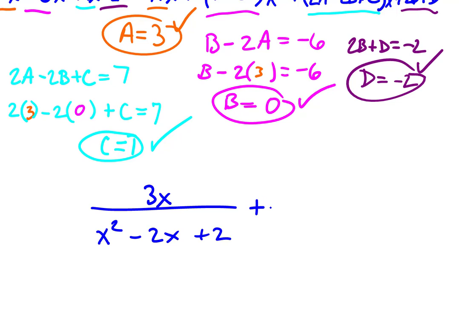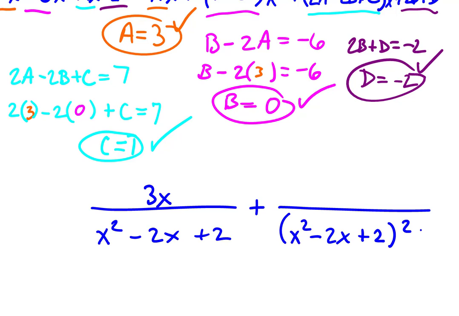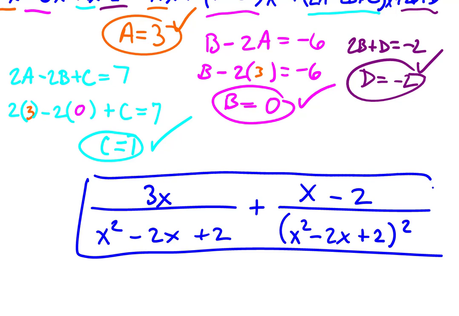So that's our first term, and then our next term, as you'll recall, was the squared version of our prime quadratic factor, so x squared minus 2x plus 2, all squared, and that numerator was the cx plus d. Okay, but we found all these values, so plugging them in, c is 1, that just means x, and then d is -2, so x minus 2. So this now is the decomposed version using partial fractions of our original rational expression.